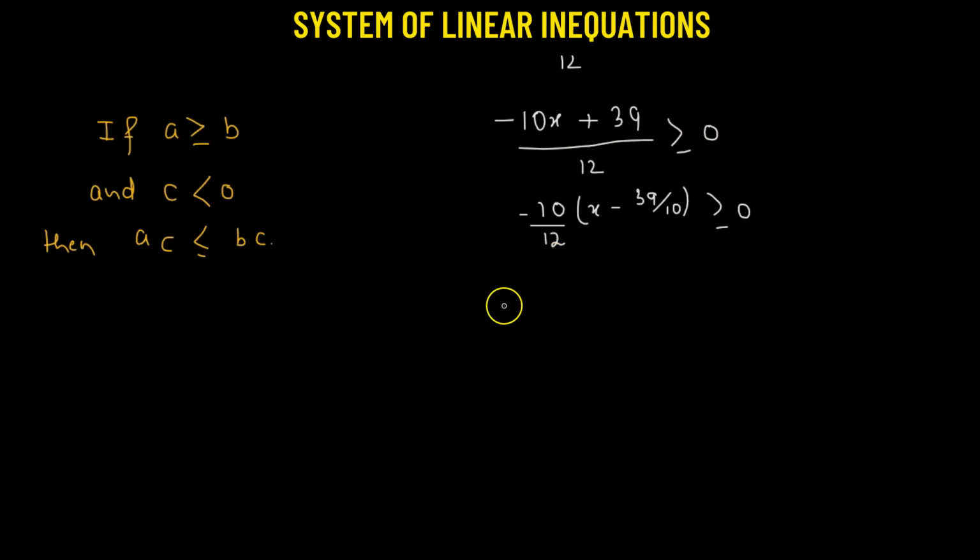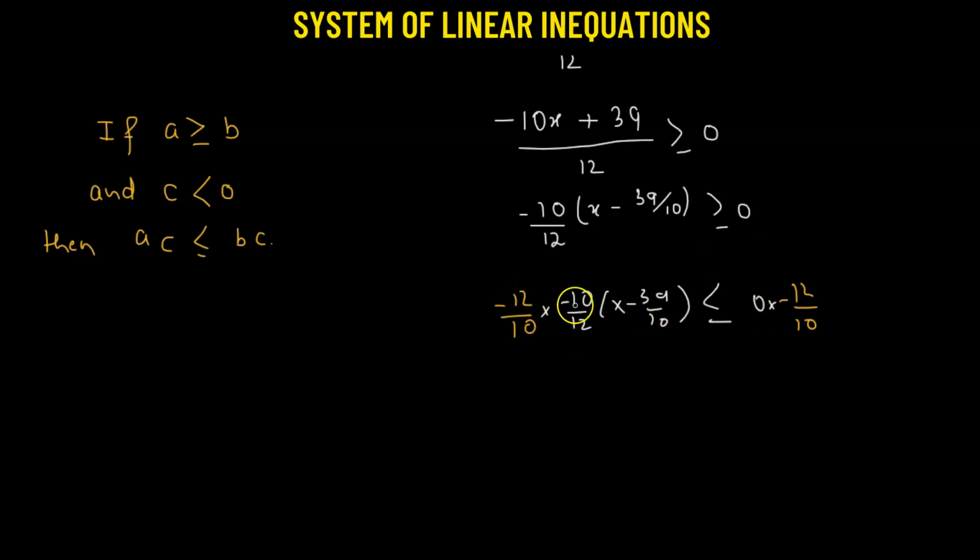We will multiply negative 12 over 10 to both sides. So we have negative 10 over 12 multiplied to x minus 39 over 10, and here we have 0, and when we multiply by a negative number, the sign of the inequality changes.